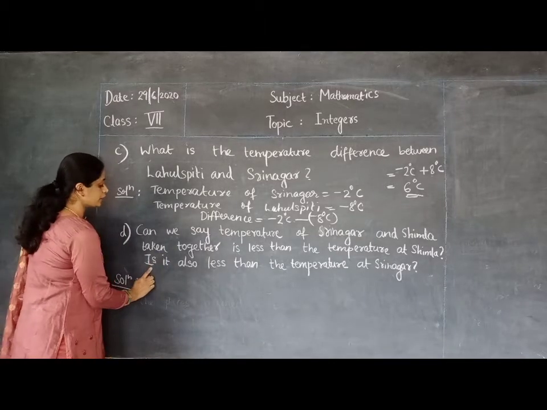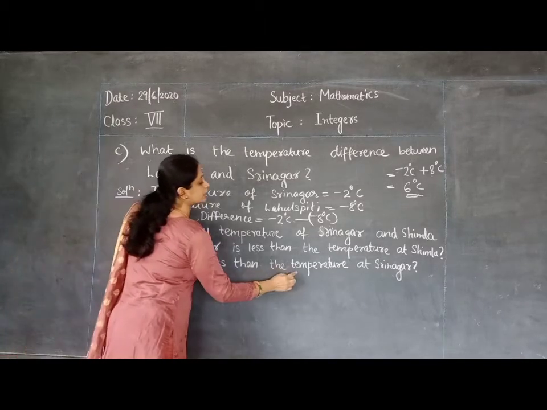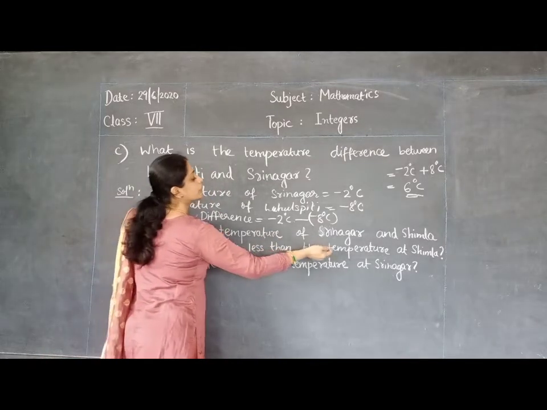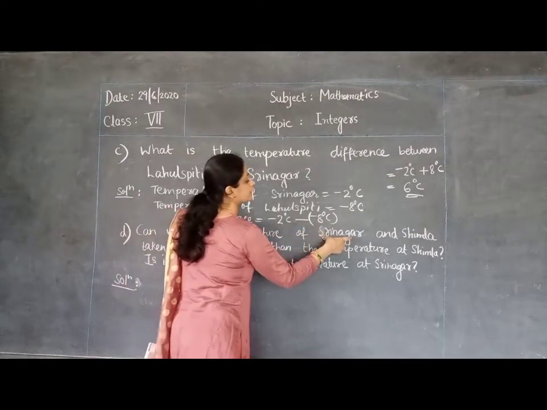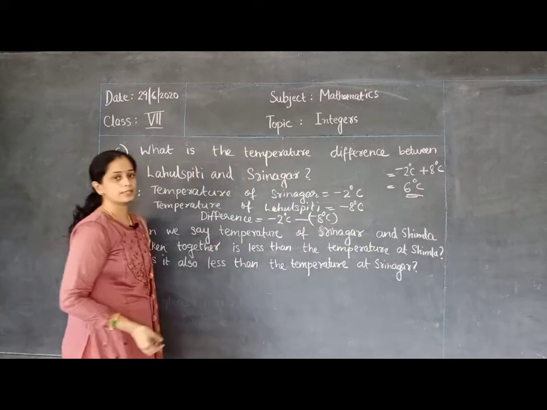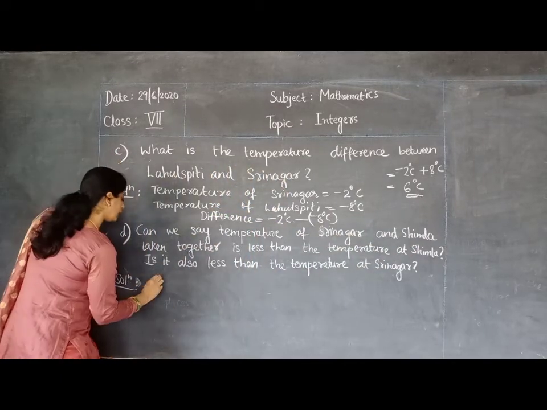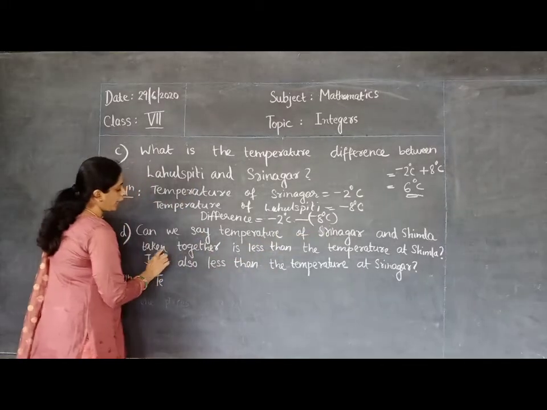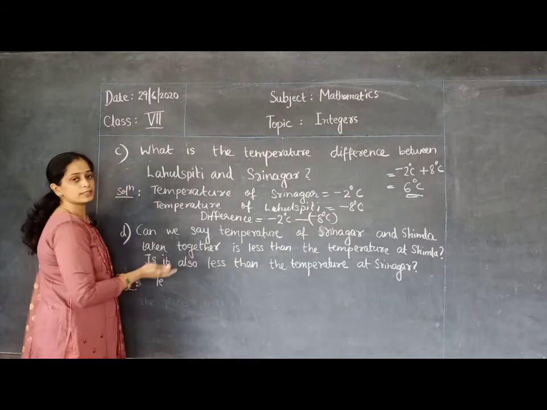Now one more question, is it also less than the temperature at Srinagar? The sum you have to compare with the individual places, that is Srinagar and Simla. That is the question. Now first we will write the temperature of the two places which they have asked you to add, that is taken together. Together means you have to add.